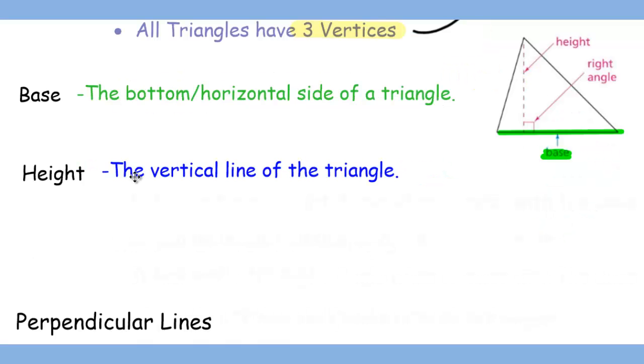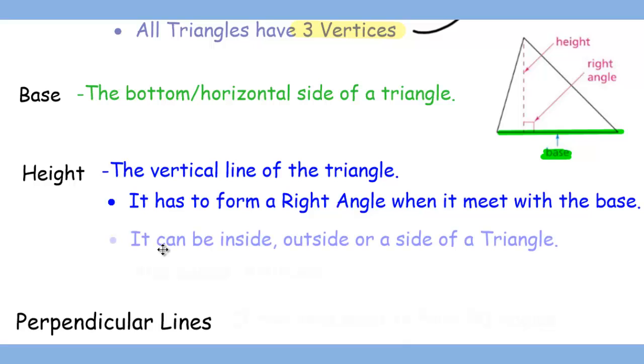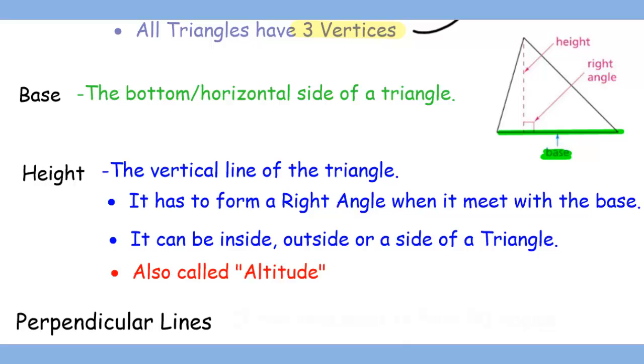The height is the vertical line of the triangle, which has to form a right angle when it meets with the base, and it can be inside, outside, or a side of a triangle. We also call that the altitude. So on the example above, here is the height, and again, when they meet, they form a right angle right here.